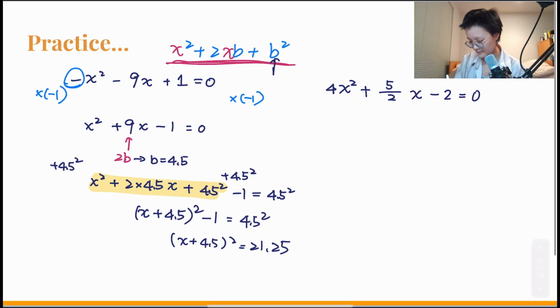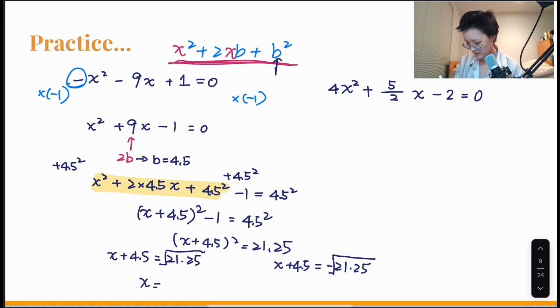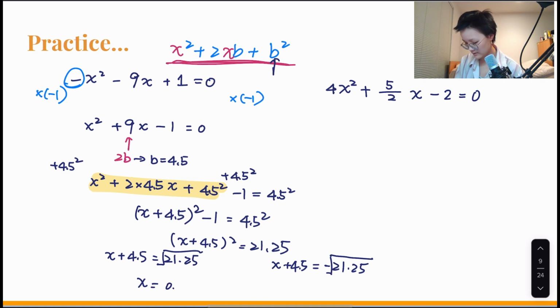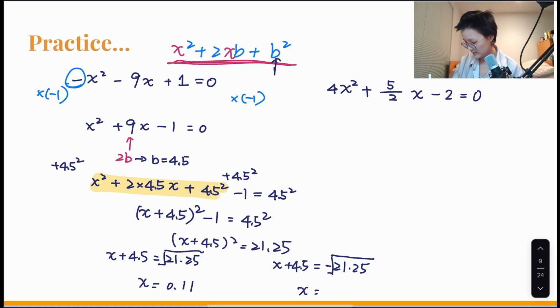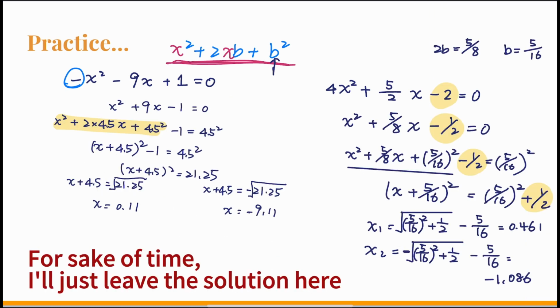So x plus 4.5 equals positive or negative square root of 21.25. Oh no, sadly, we don't have an integer here. So this is approximately 0.11 and this is approximately negative 9.11.